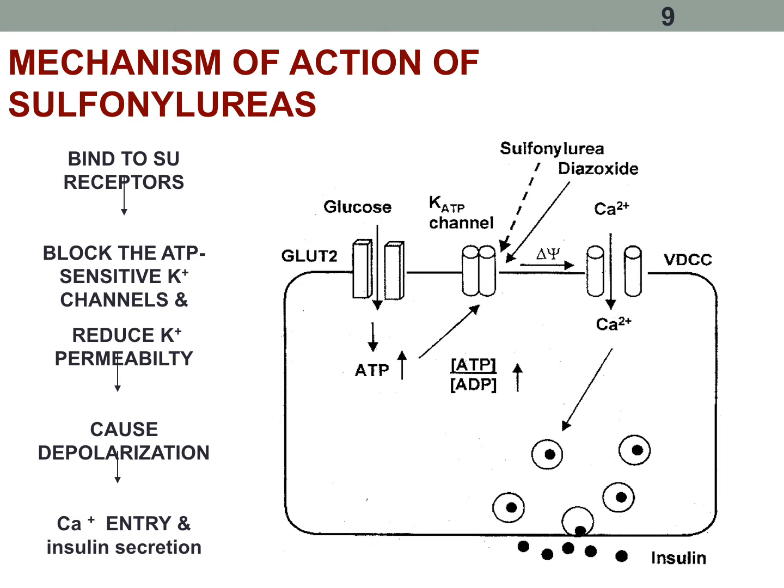What does that mean? If you block that ATP sensitive channel, you reduce the permeability to potassium. Potassium is no longer being pumped out. This would lead to depolarization or a change in membrane polarity. And this change in membrane polarity or depolarization causes the voltage-dependent calcium channel to open, allowing calcium to enter.